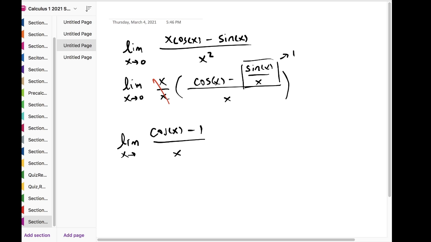How do you find this limit? Remember that one? This looks close to something, right?